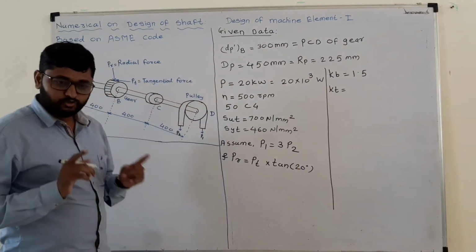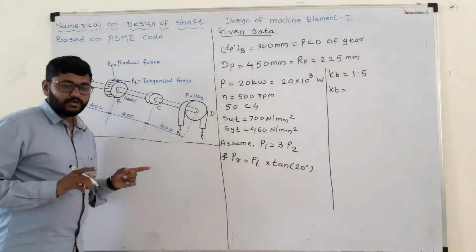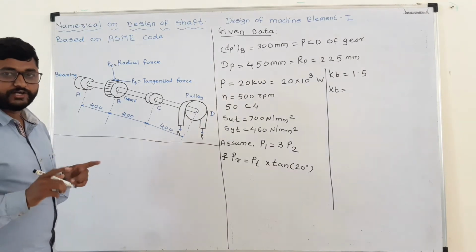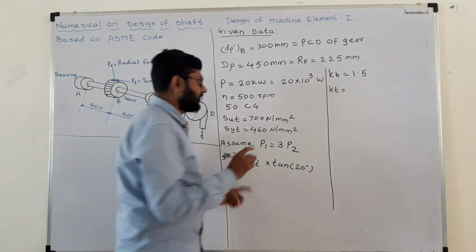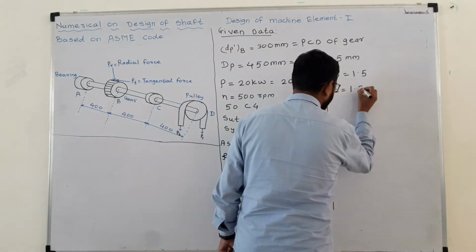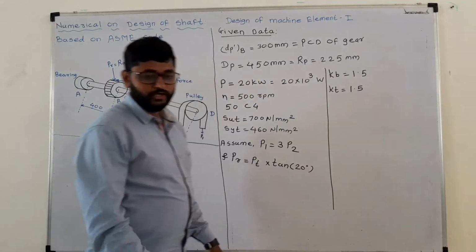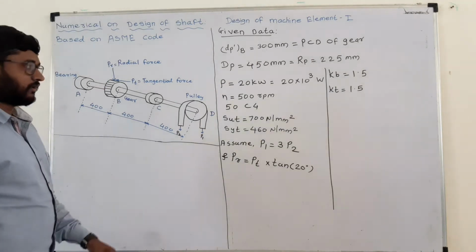KT is the combined shock and fatigue factor applied to the torsional moment, and it is also given as 1.5.